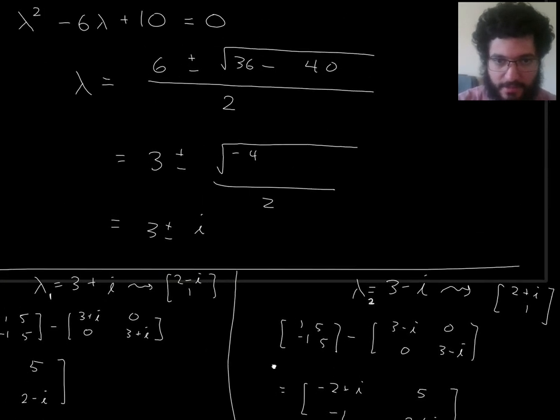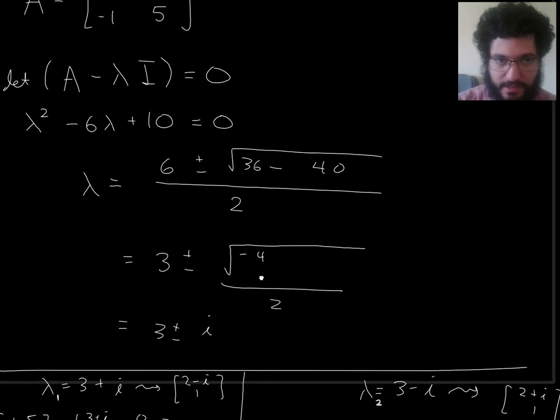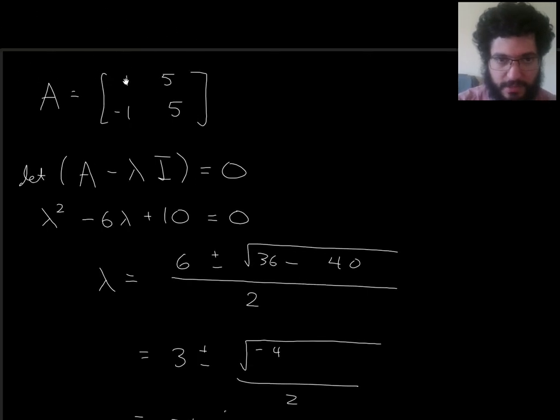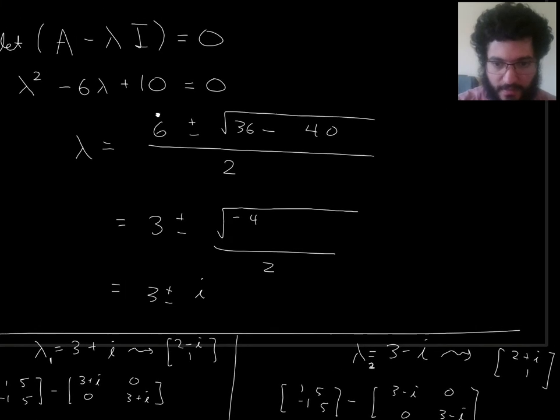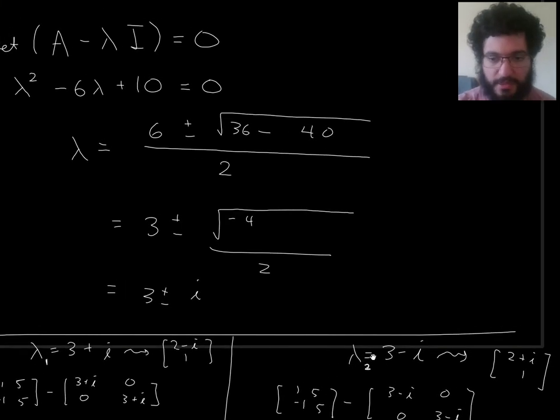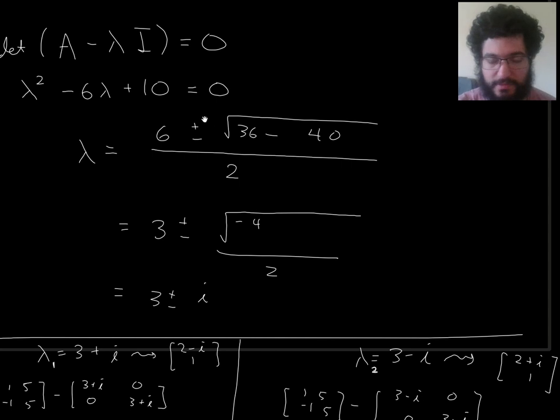And let's look at our overall result. So we started with our matrix (1, 5; negative 1, 5). Then we got these two eigenvalues, 3 plus i and 3 minus i. And the eigenvalues are a complex conjugate pair, right? That will always happen when you have complex roots. For a polynomial with real coefficients, your roots will come in complex conjugate pairs.